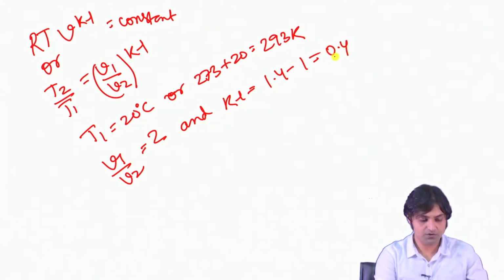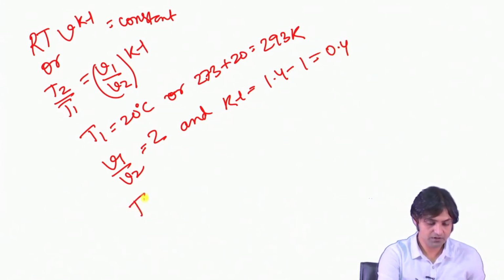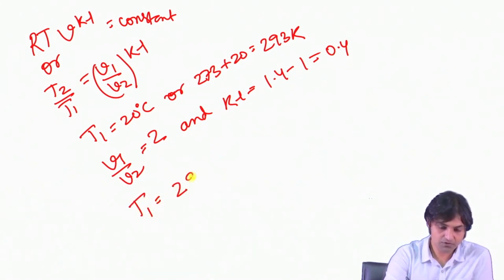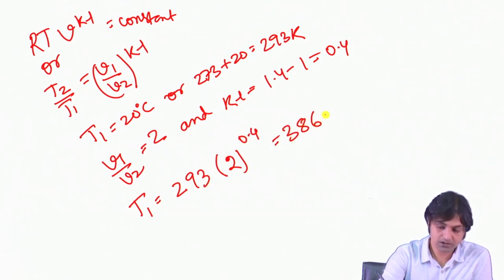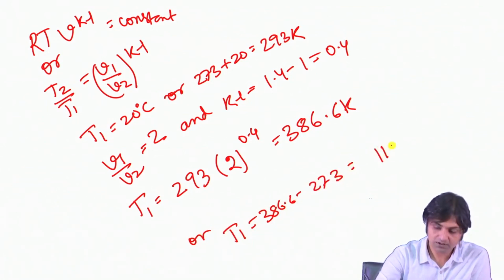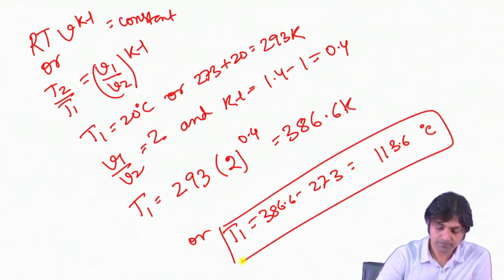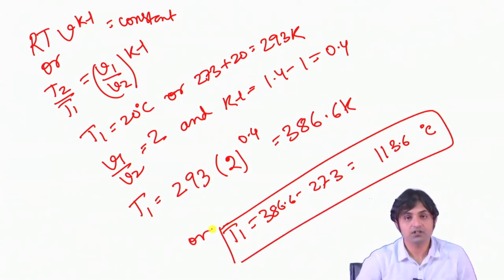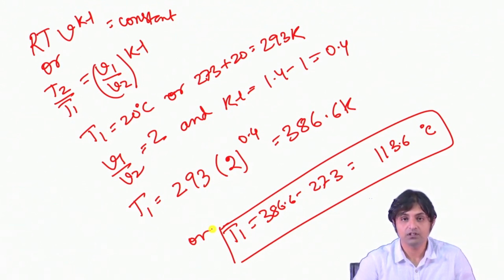So on substituting these values, we get T2 is equal to 293 into 2 to the power 0.4, or 386.6 Kelvin, or 386.6 minus 273, that is 113.6 degrees Celsius. So this is the temperature that we have got in case of isentropic process.